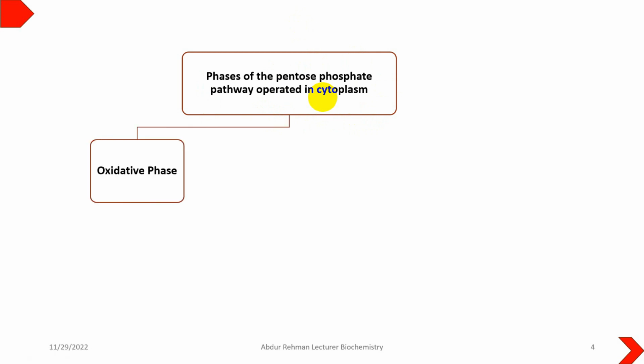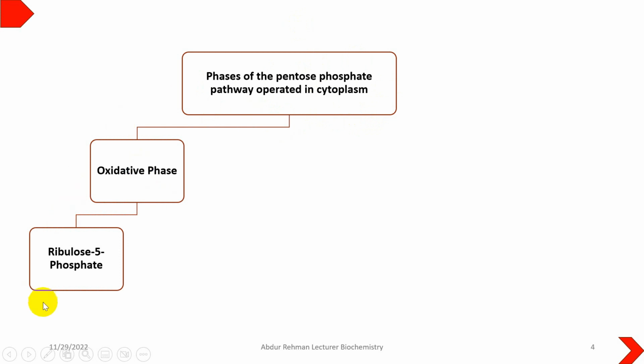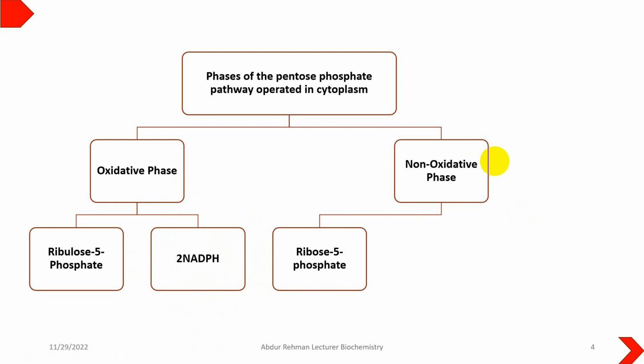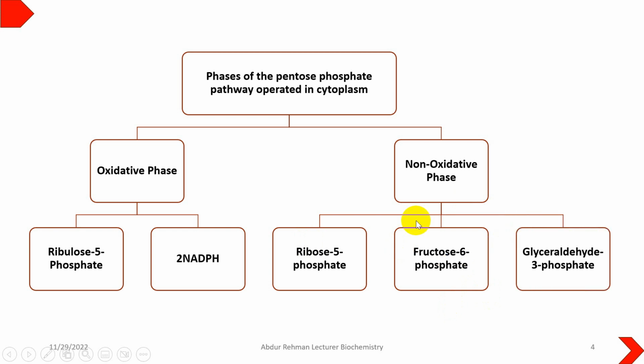One is the oxidative phase, which gives you ribulose phosphate in the process, and similarly two molecules of NADPH. The non-oxidative phase has three outcomes. One is ribose 5-phosphate, and on the way it gives you fructose 6-phosphate and glyceraldehyde 3-phosphate.